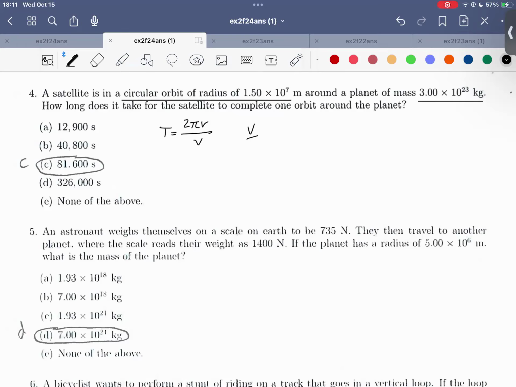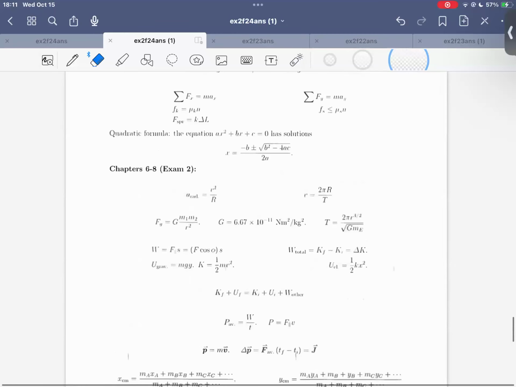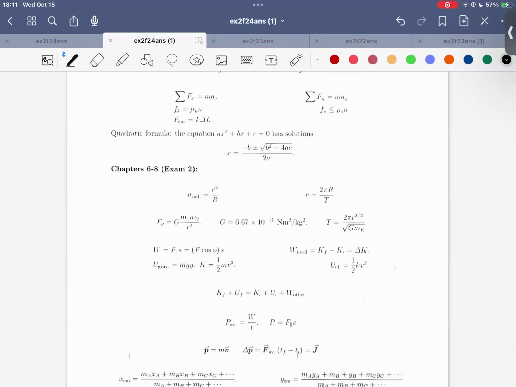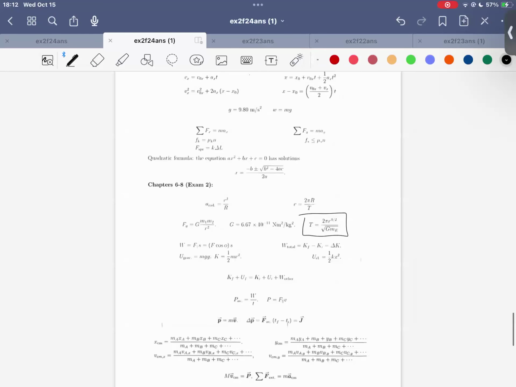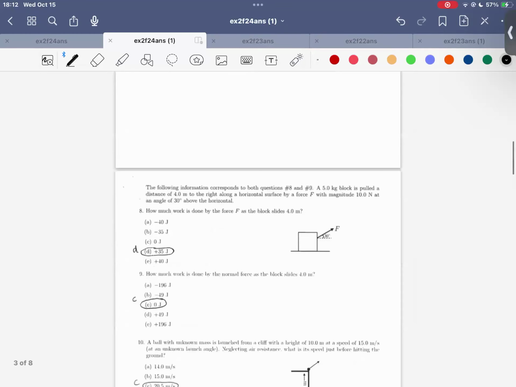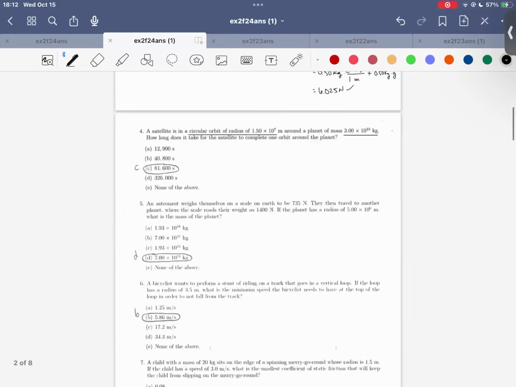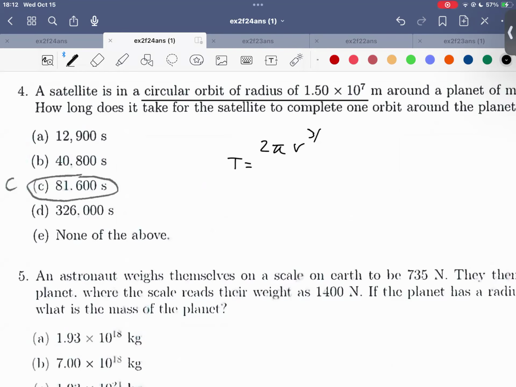Actually, I think there's a faster way to do this. Instead of using that formula, you can use this formula right here. So we can say then T equals 2 pi r to the 3/2 over the square root of G times the mass of Earth.